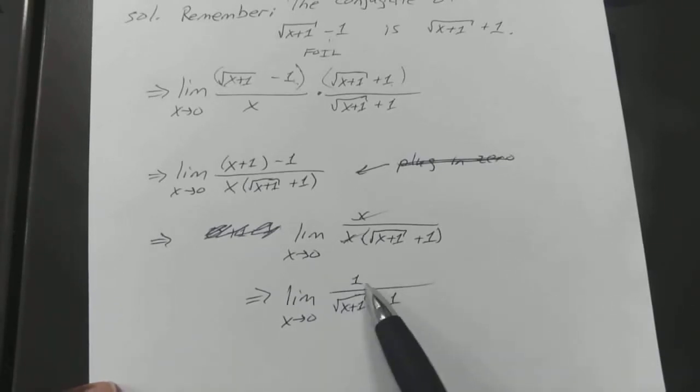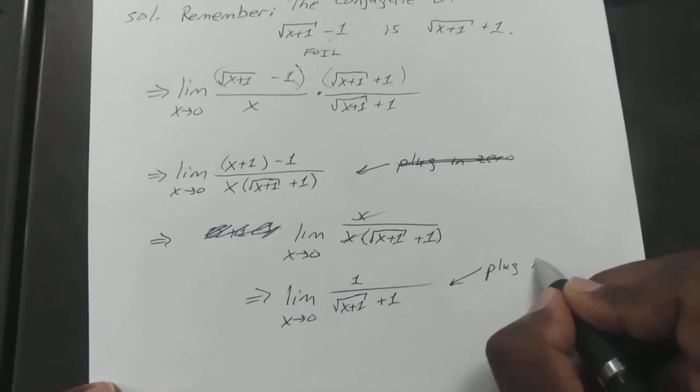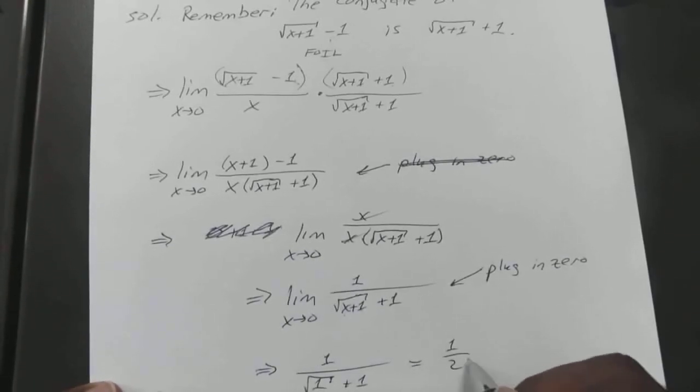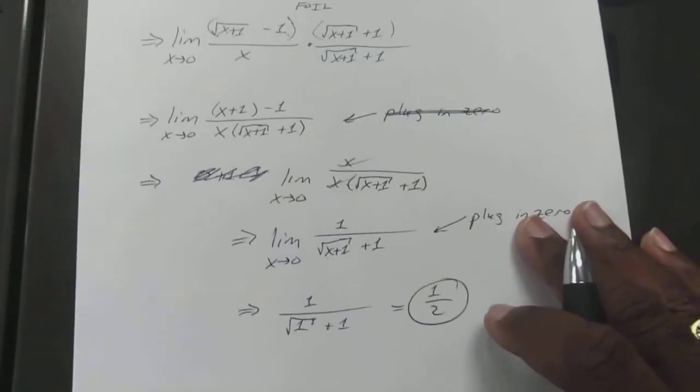If we plug in our 0 here, we end up with 1 over the square root of 0 plus 1 plus 1. The square root of 1 is just 1, so 1 plus 1, which ends up being 1/2.